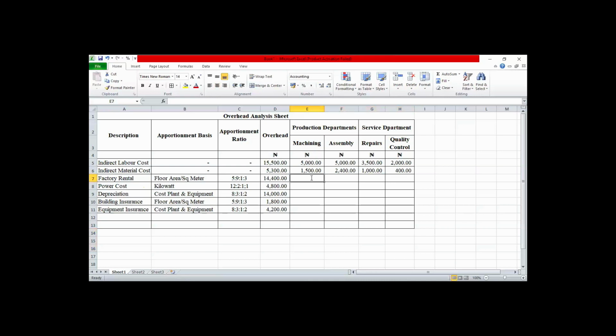Correct. Now, we will say 5 divided by 18 times 14,400. Please calculate it from your own end too.